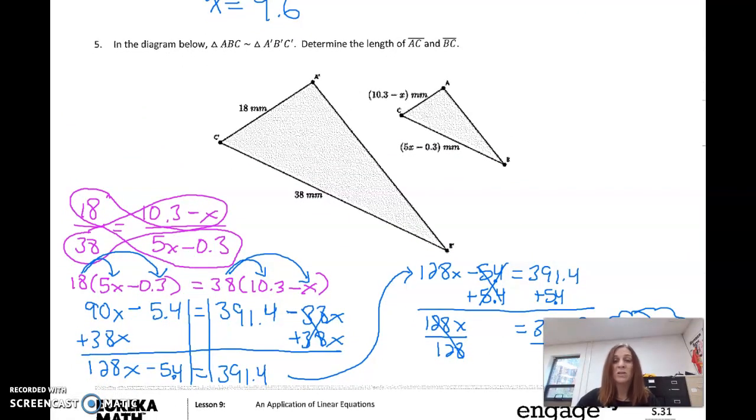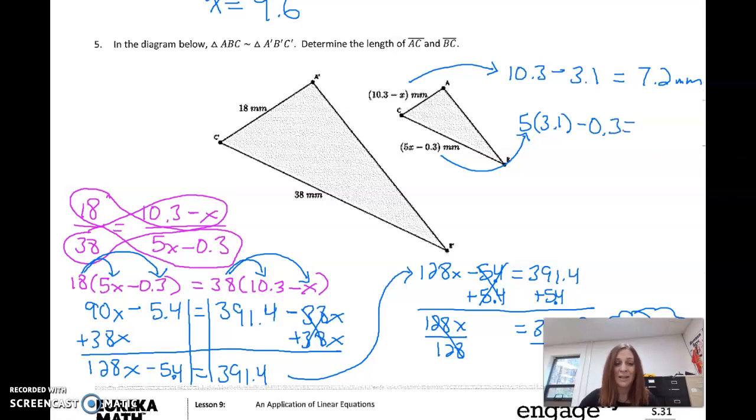No. So right here, the length of AC is going to be 10.3 minus whatever x is. Well, x is 3.1. So that works out to be 7.2 millimeters. And 5 times whatever x is, 3.1, minus 0.3.